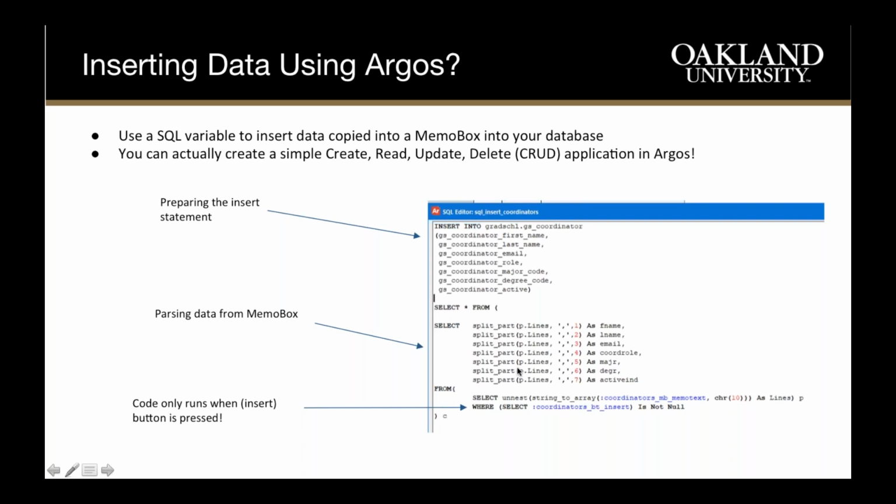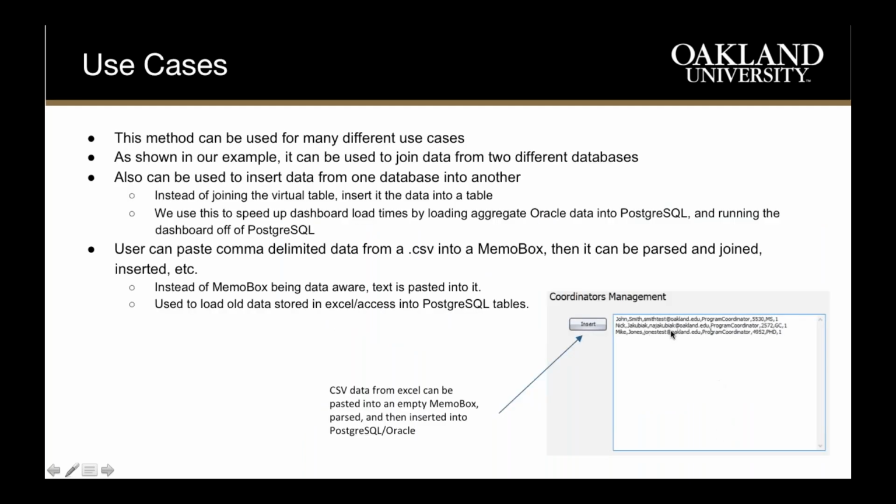Down here, we're doing the same magic where we split the lines up based on the line feed character, and then we're splitting up the columns into individual columns. In this example, we're taking a memo box that has people's names, emails, their role, and the program they belong to. We want to insert it into our program manager table that lives in Postgres.